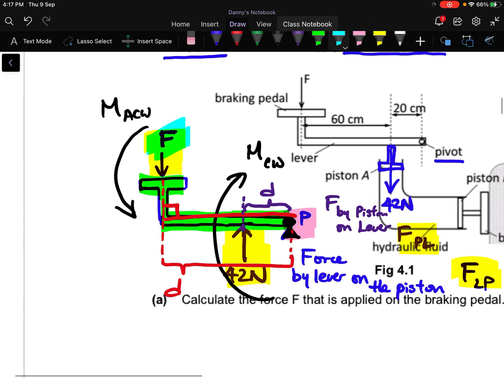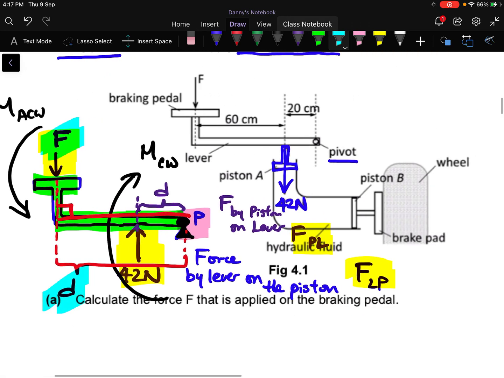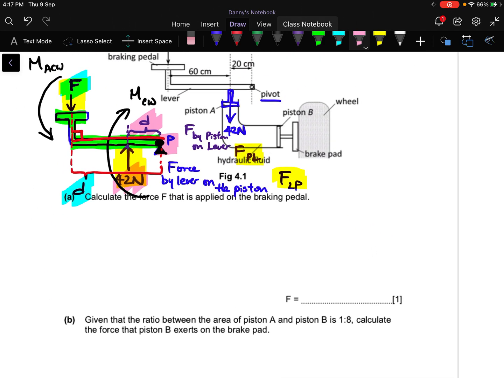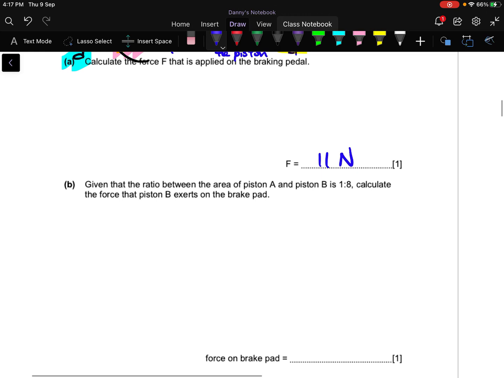So using the moment formula, F times D, I take this F times this D, I equate the two of them together, and I should be able to find my answer. Your answer should be to 2 SF. You should get 10.5, but after you round it up to 2 SF, it will be 11.